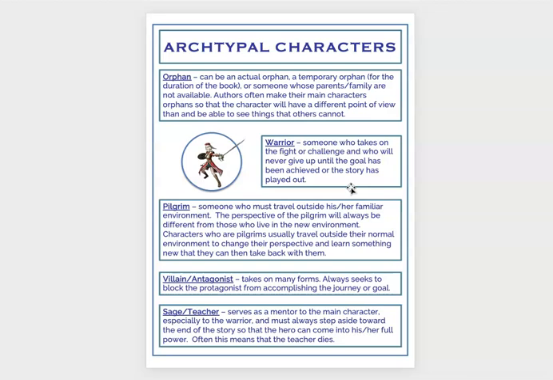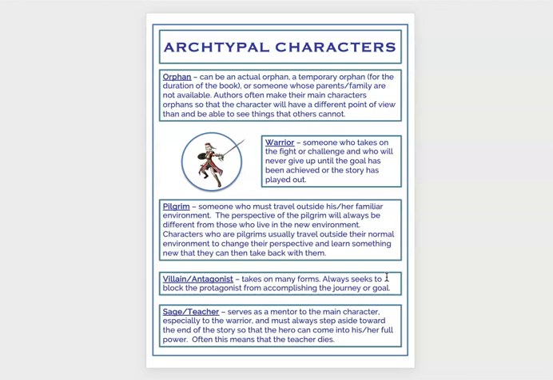A pilgrim is someone traveling outside of their familiar environment. So think of the kids in Narnia, for example. The villain, obviously, or the antagonist, is anyone or anything who's trying to block the character from accomplishing what they need to accomplish.